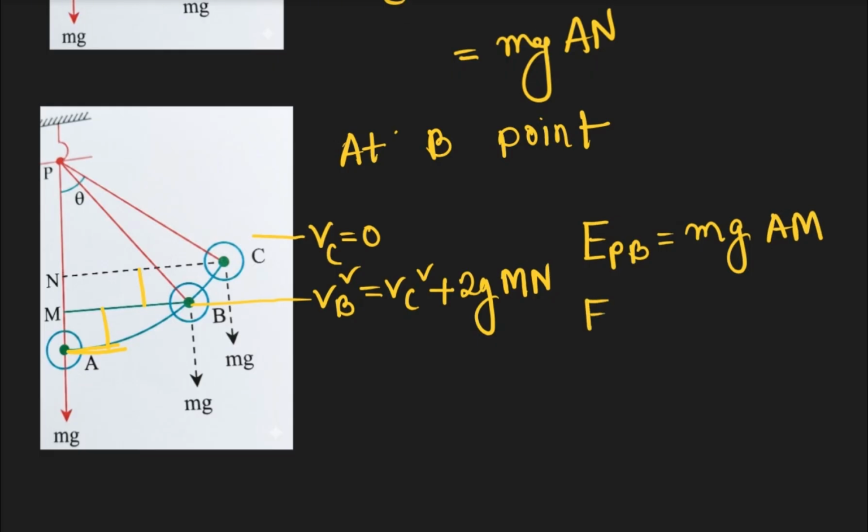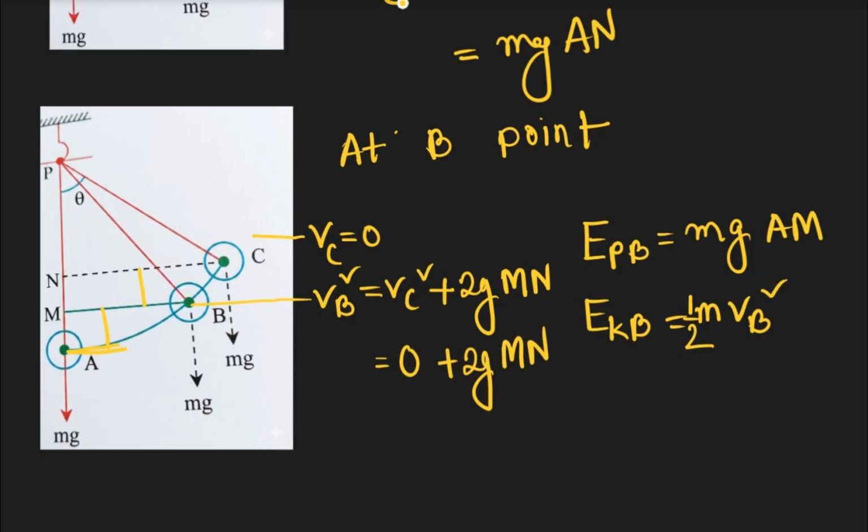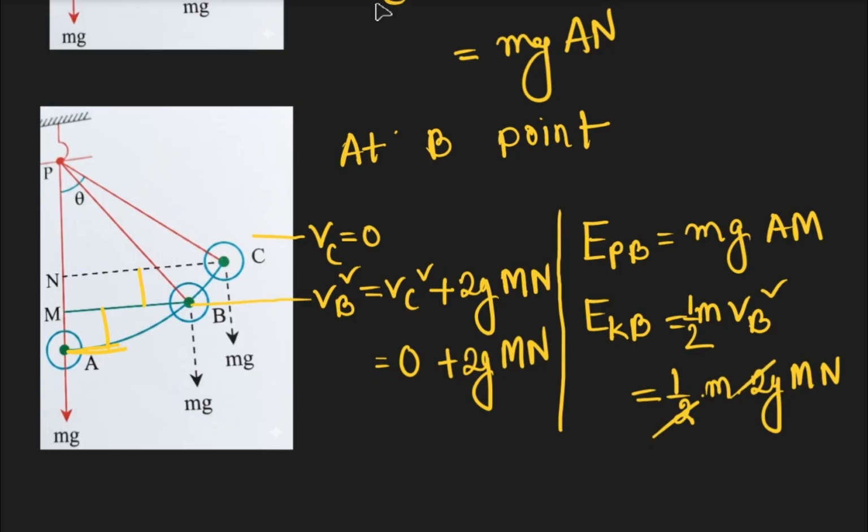And the kinetic energy EKB is equal to half m Vb square. Since Vc is 0, Vb square is 2g MN. So half m times 2g MN, these two cancel out, so we get mg MN.